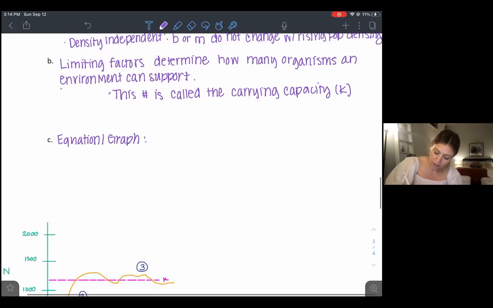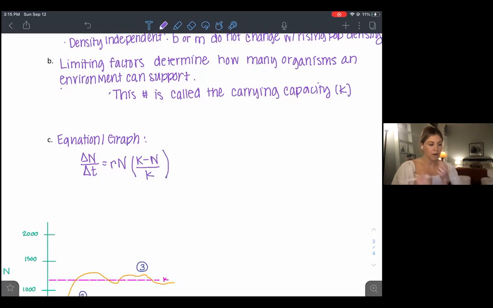We are going to say for our equation that the change in our population size over the change of time is still going to be per capita rate of increase times the number of organisms in the generation. But now we're going to multiply that by an expression that takes into account our carrying capacity. So we're going to say K, again, that's our carrying capacity, minus N over K. So we're going to multiply our original equation times the K minus N over K.